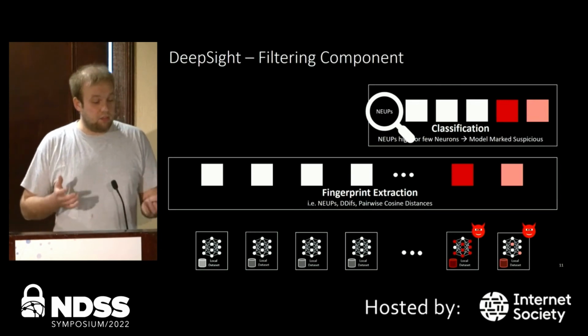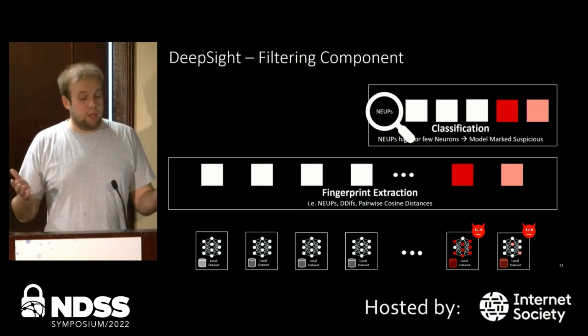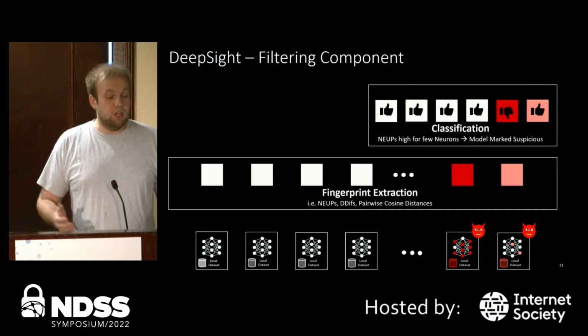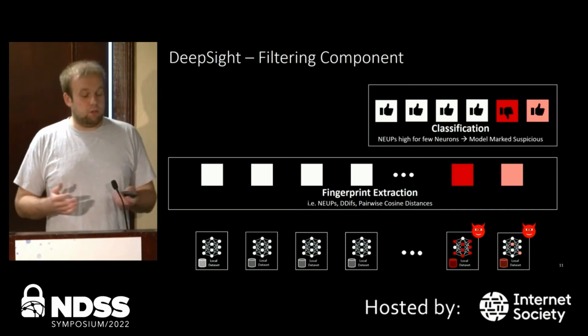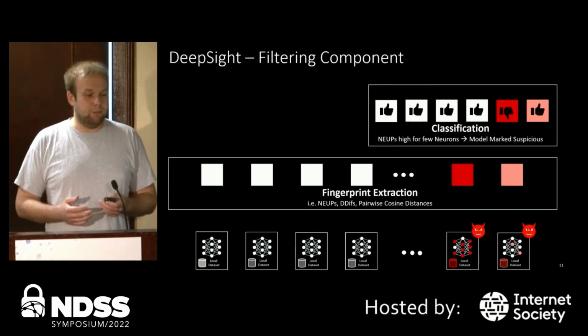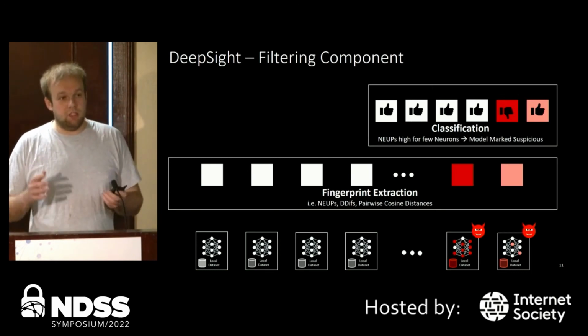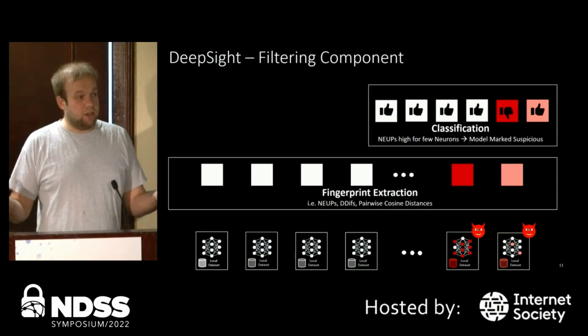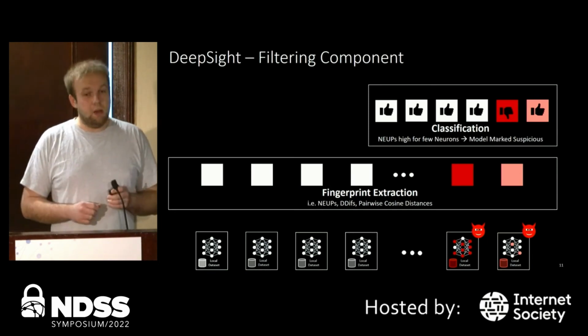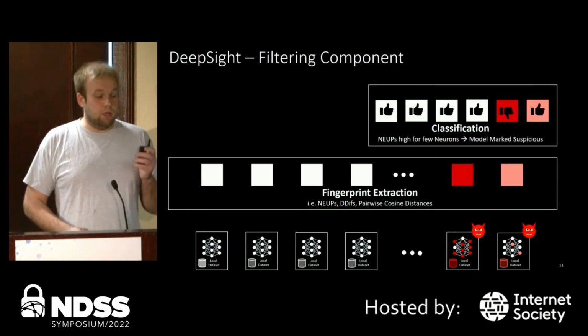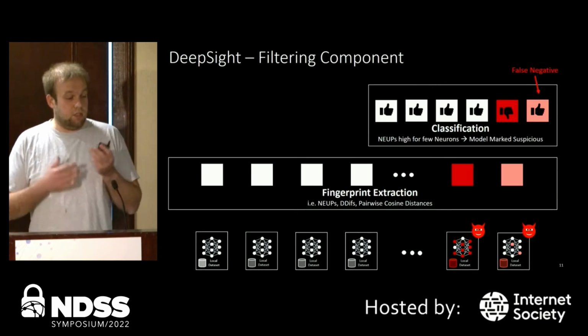If this is the case, then we label this model as suspicious, and otherwise we label it as inconspicuous. As you can see, the benign models were in this toy example labeled correctly, and the poison model that was trained strongly was also recognized correctly as suspicious. But unfortunately, in this example, we didn't recognize the weakly trained model, as this is a false negative.